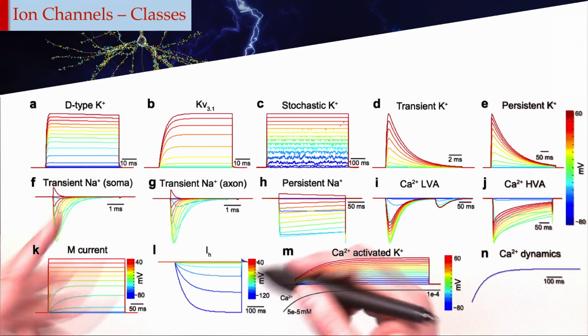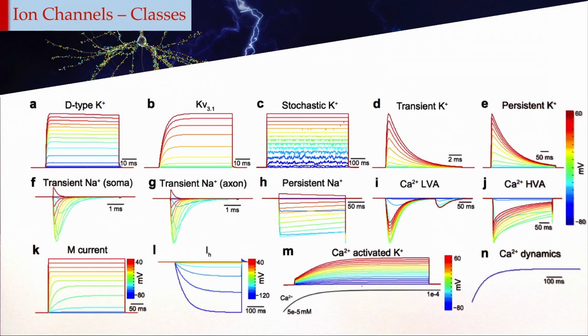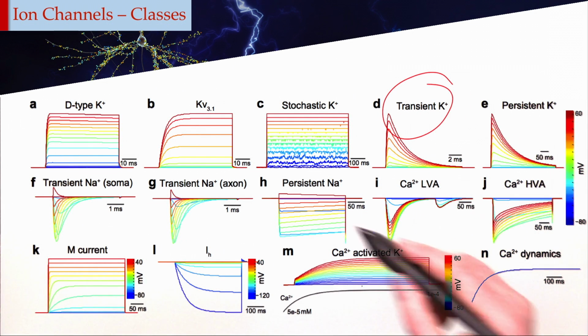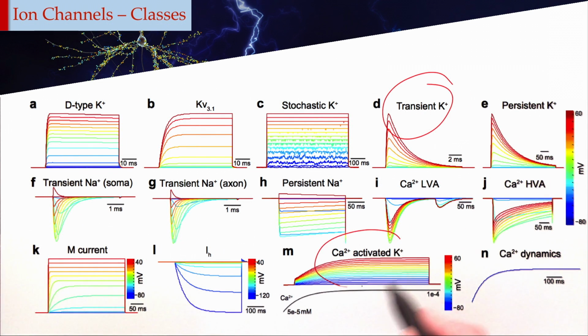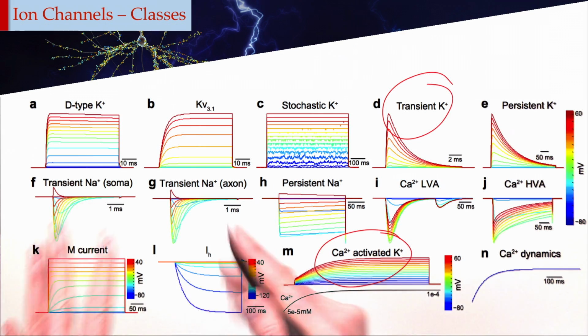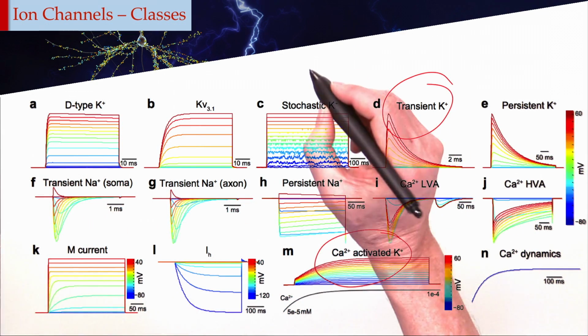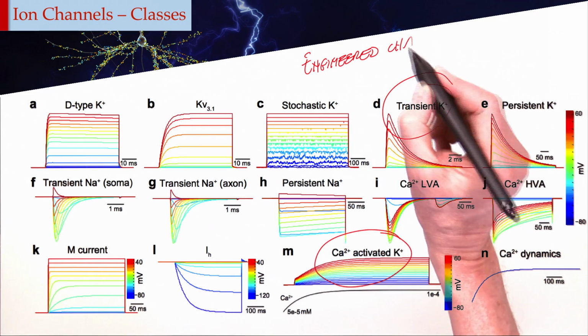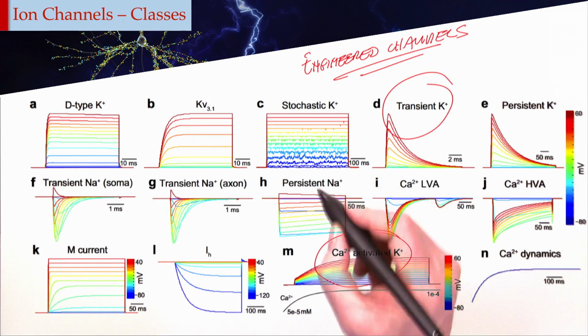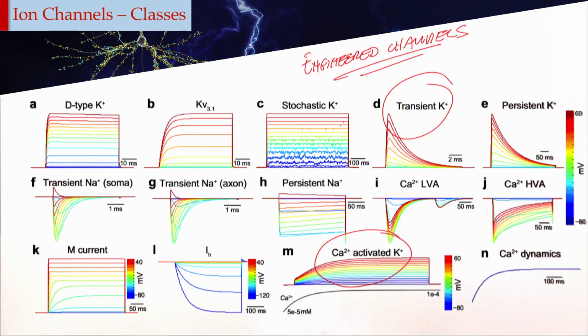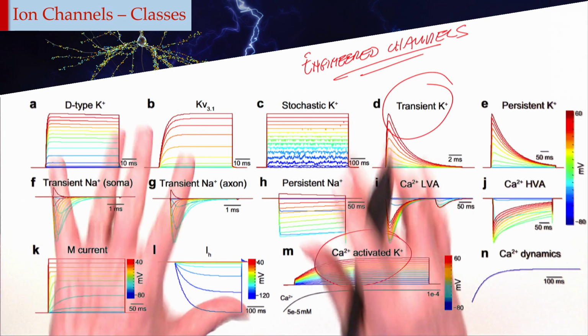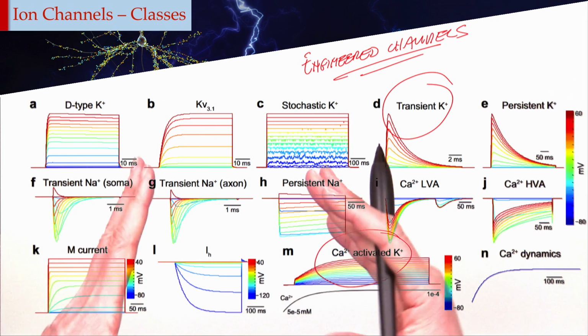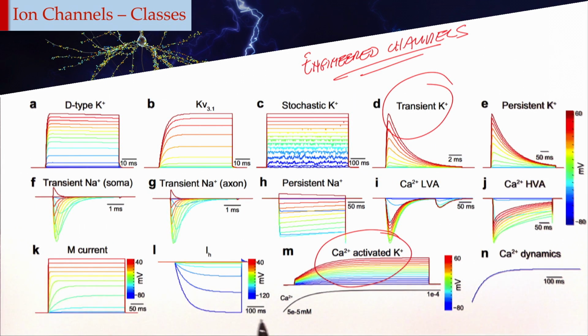We build models of classes of channels, and we just call them transient channels, or persistent channels, or calcium activated. And these are basically engineered. They're not genetically determined channels. They're theoretical channels in a way. But we are replacing these channels, and then you have a neuron that is very accurate.